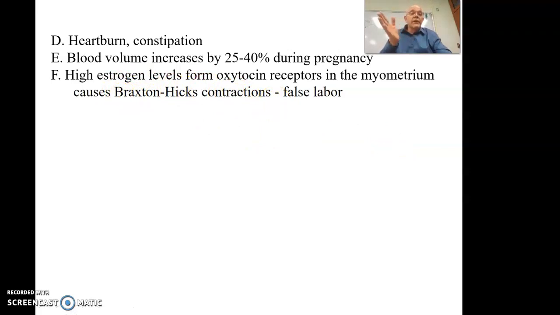False labor just means it feels like you're going into labor, you have contractions. A lot of times they will go to the hospital because they feel very convincing. Sometimes it'll be just small ones where they feel, oh, that doesn't feel like the real thing. But at any rate, those are very common because the high estrogen levels cause that to happen sometimes.